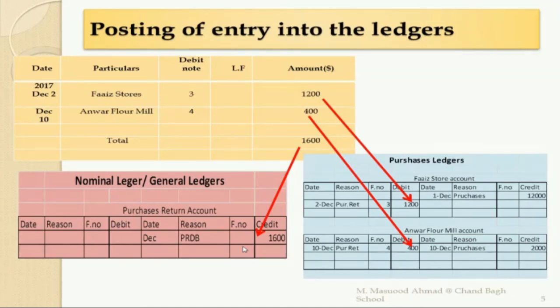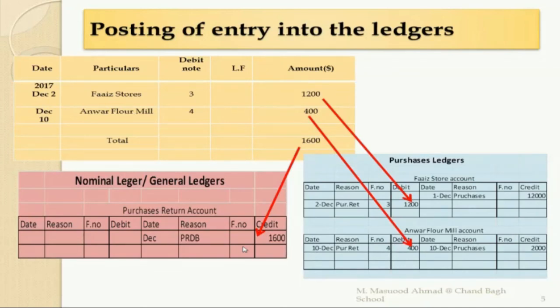So here, boys, you can see we have made a proper debit entry and corresponding credit entry in our ledgers, and the effect of the debit entries is equal to the effect of the credit entry.